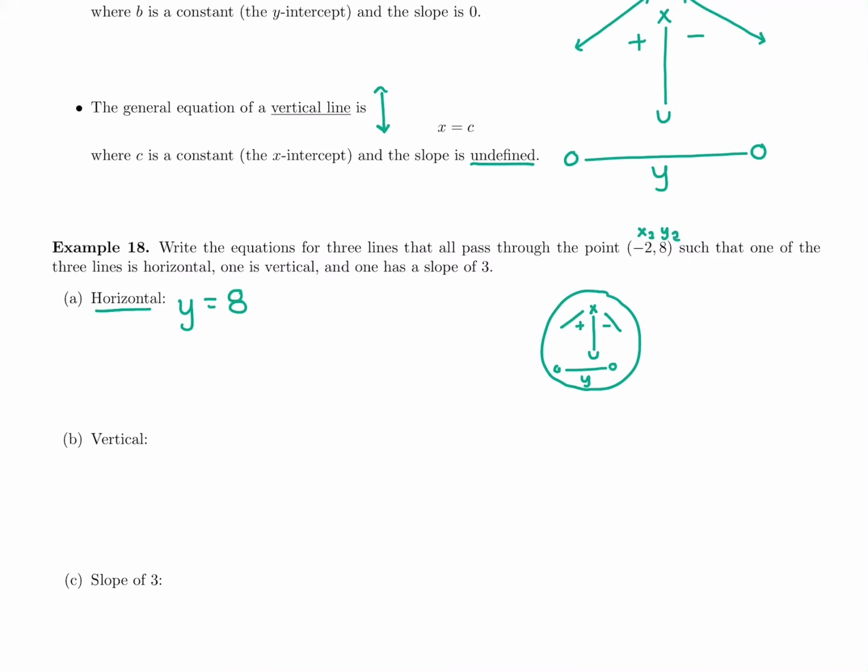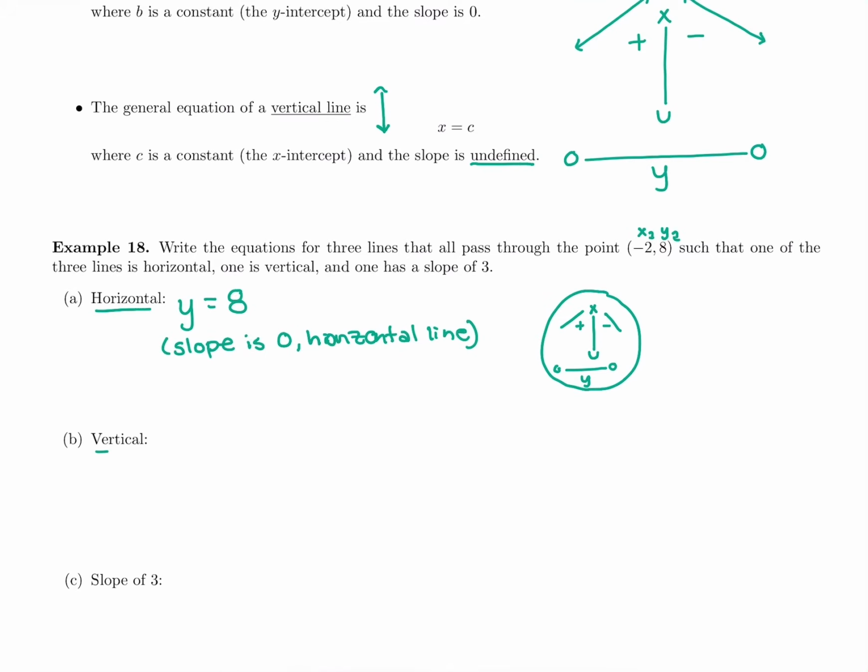Some details on this is that the slope is 0, and it's a horizontal line through the point. So slope is 0, with a y equals, we have our horizontal line, just like it asks.